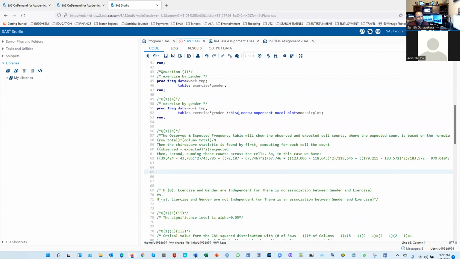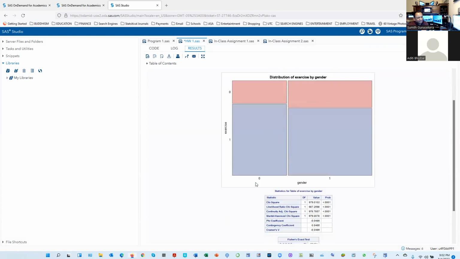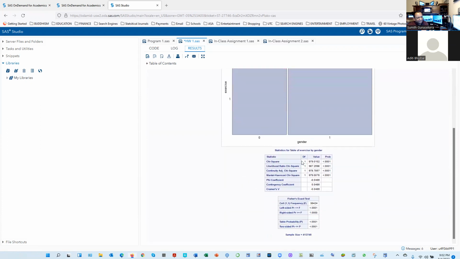If you run with chi-square, with no row percentage, no column percentage, no percentage inside the contingency table, you get 979.01. If you want, you can develop the mosaic plot. This is the mosaic plot, and the chi-square value is the same.